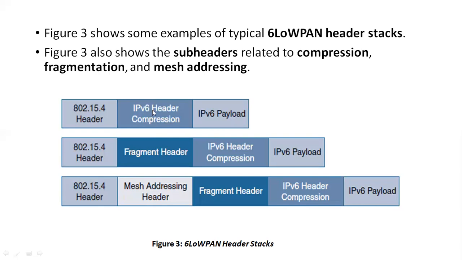If you want to do only compression, you add the compression header here. If you want to do two processes, fragmentation as well as compression, then fragmentation will be first, then compression will come later in your data frame. Then mesh addressing will come first, then fragmentation, then compression. Just remember here, fragmentation is there, the fragmentation header.